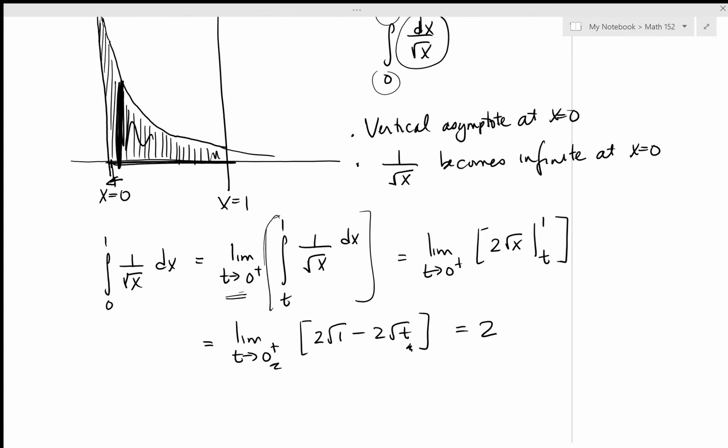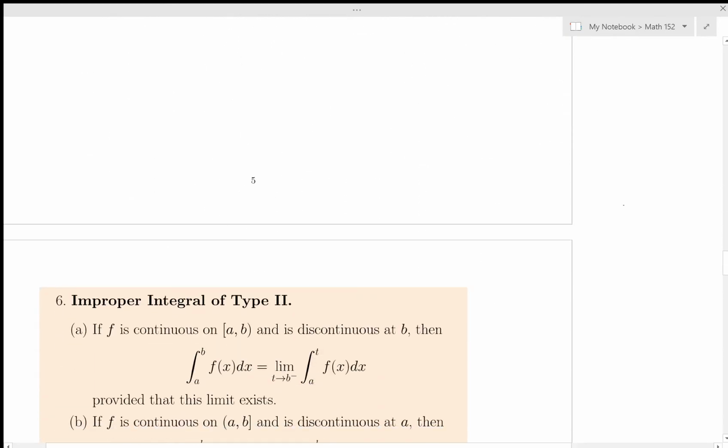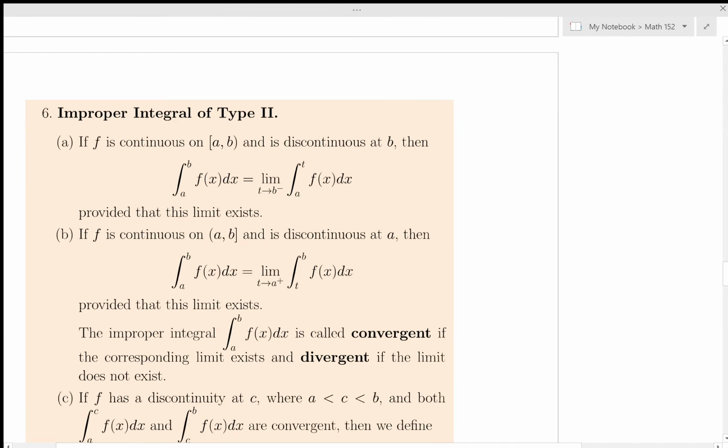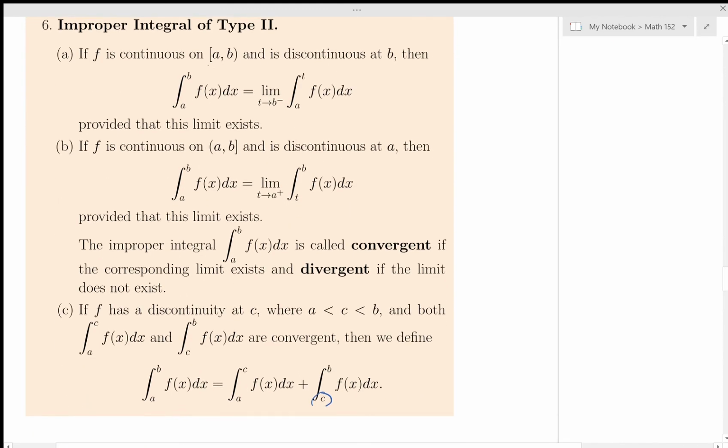So this is an improper integral of type 2. Let's have this detailed out here. If the function is continuous on the half-open interval [a, b) and discontinuous at b, then we remove the b, replace it with a t, and put the problem into the limit.